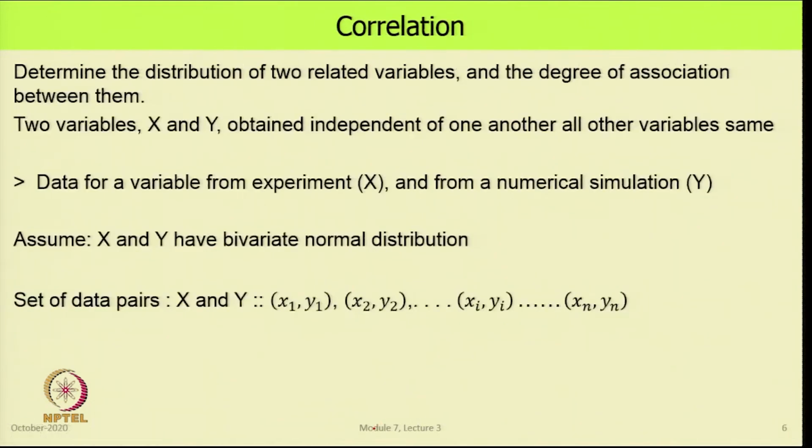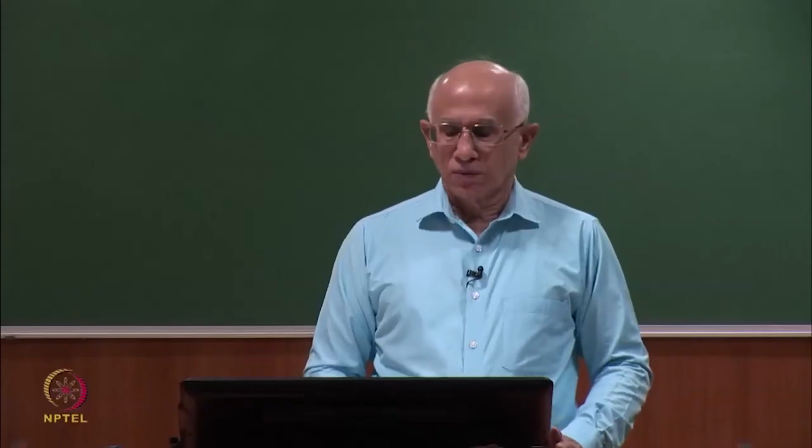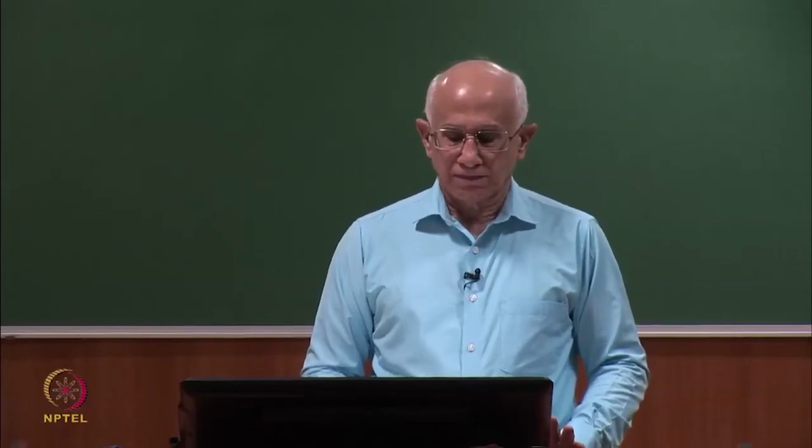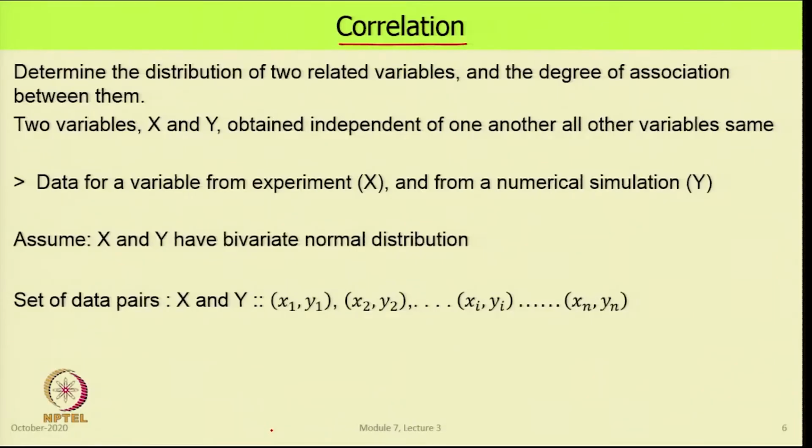Now, we move on to correlation. It is quite distinct from what is a regression. What it does is determine the distribution of two related variables and the degree of association between them.